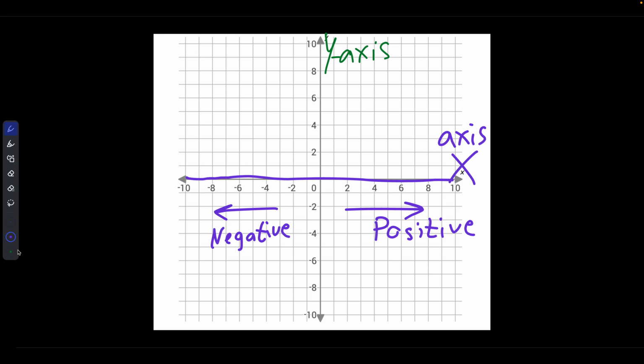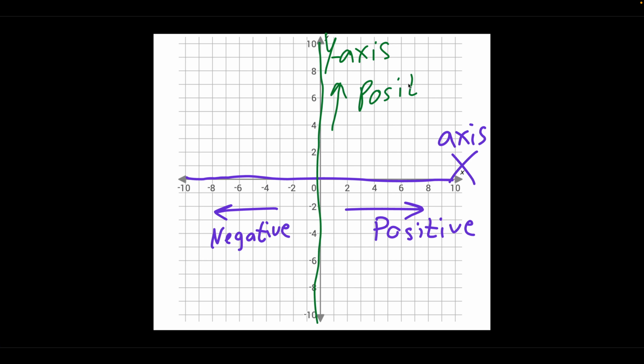And for the y-axis, that's our green line here, as we go up, we're getting positive numbers, and as we go down, we're getting negative numbers. Those are going to be important here. And you might have noticed, 0 is the center.